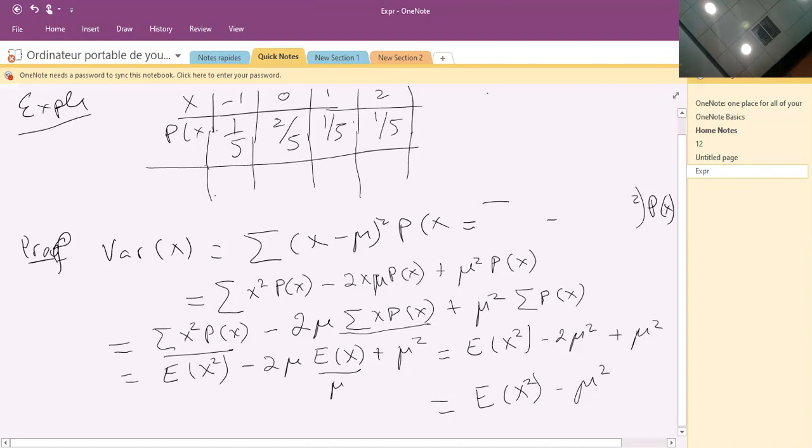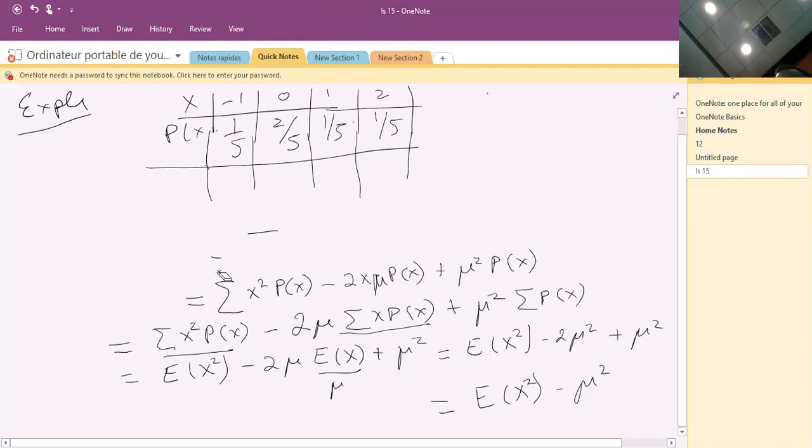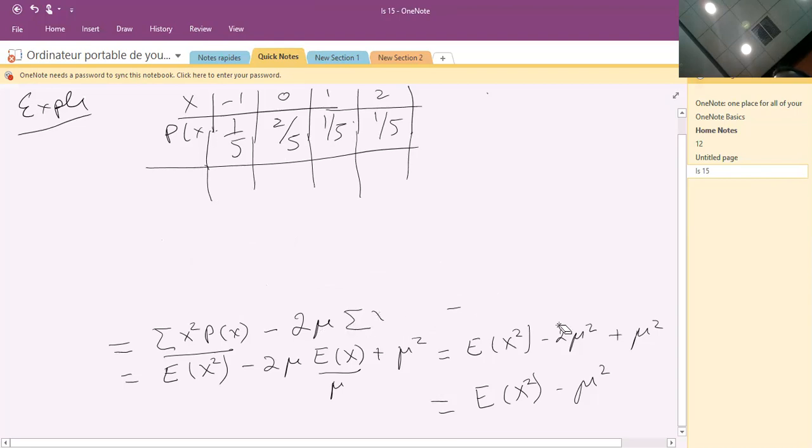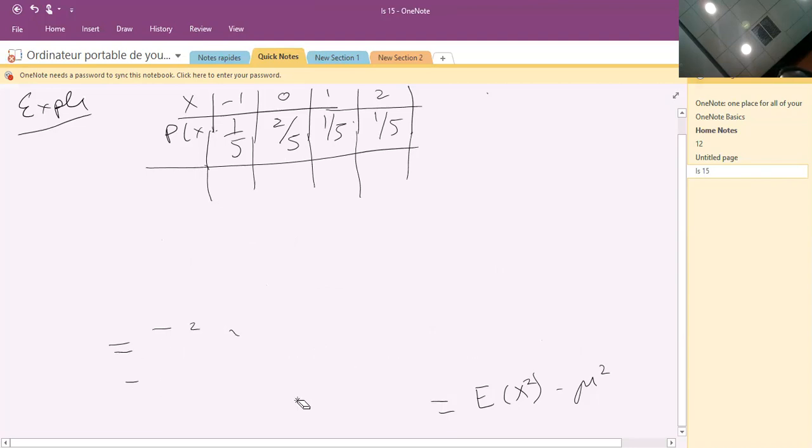So what we want here is the mean. We know the mean is 0.4.